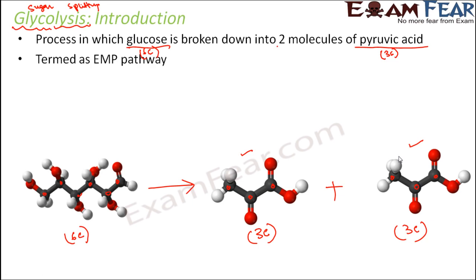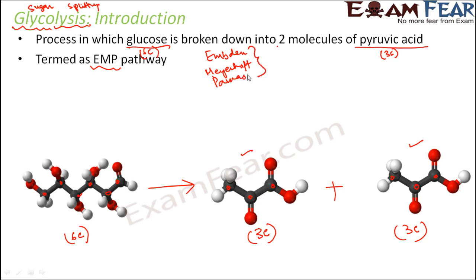Now this glycolysis is also known as the EMP pathway. Why is this called the EMP pathway? From where did it get EMP? E stands for Emden, M stands for Meyerhof and P stands for Parnas.